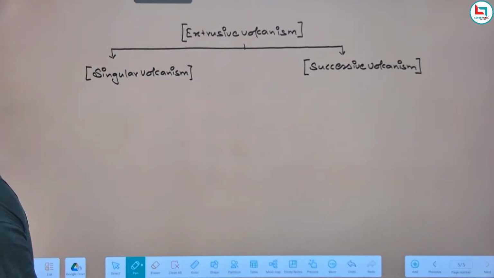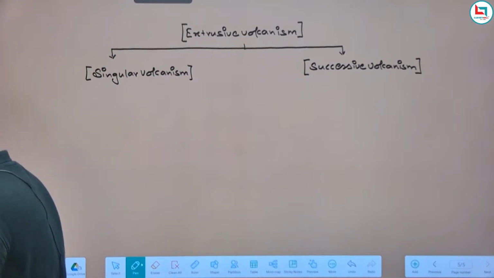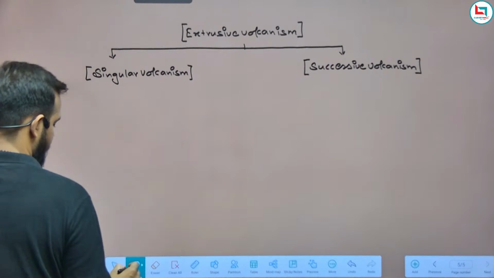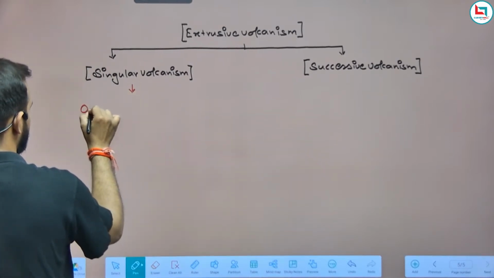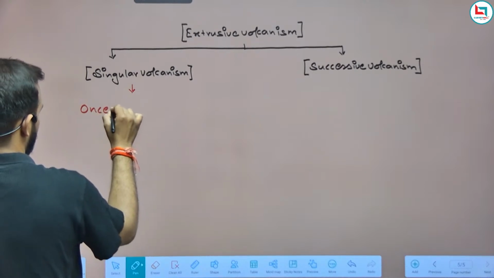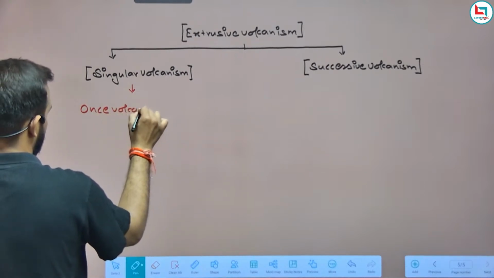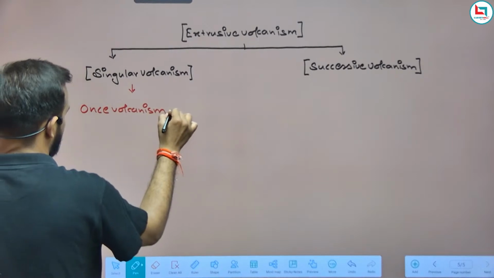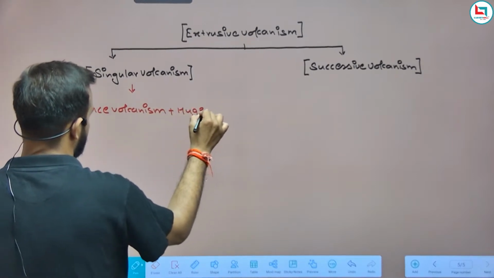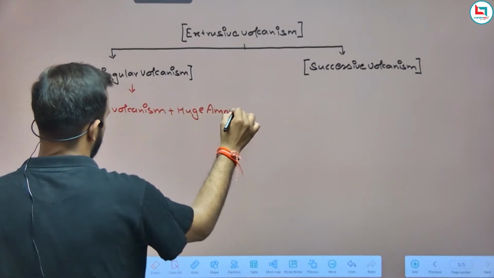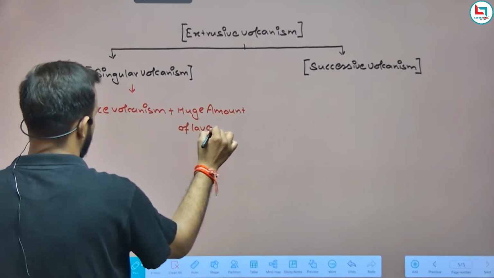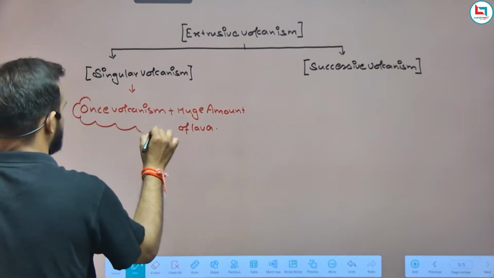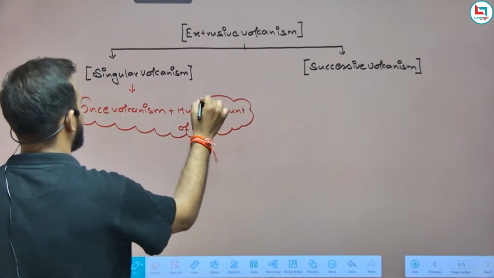Guys, when we talk about singular volcanism, volcanism happens once and a huge amount of lava comes out.